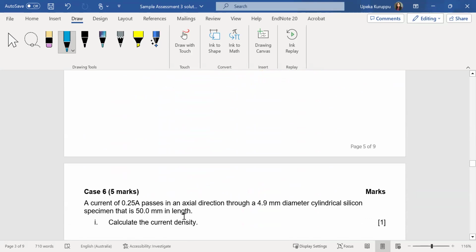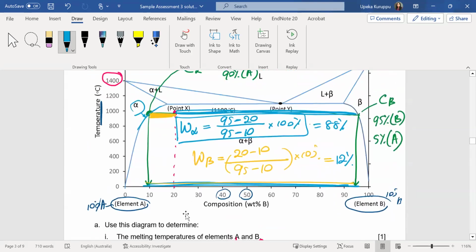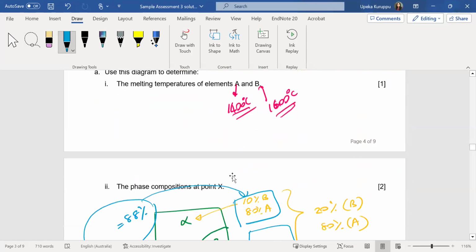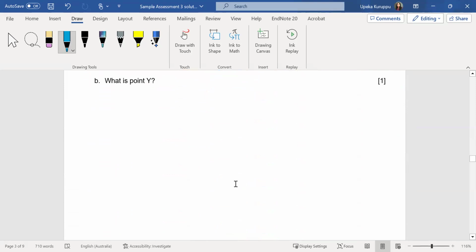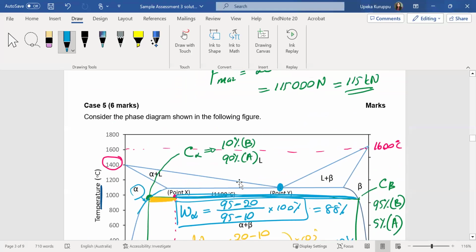We already discussed, point Y is where the material will become liquid to solid and solid to liquid without having an interface. Eutectic. Any other questions? What else do you need to know?